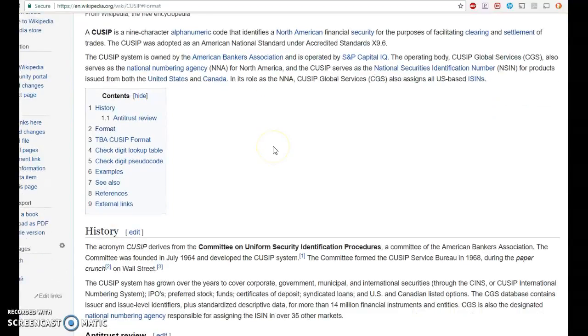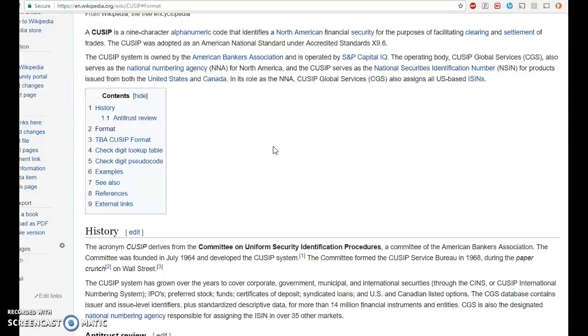A CUSIP is a 9-character alphanumeric code that identifies a North American financial security for the purpose of facilitating clearing and settlement of trades. The CUSIP was adopted as an American national standard under Accredited Standards. The CUSIP system is owned by the American Bankers Association and is operated by S&P Capital IQ.